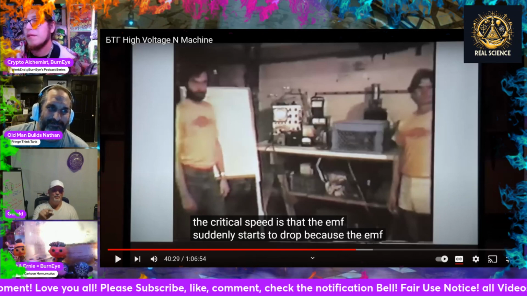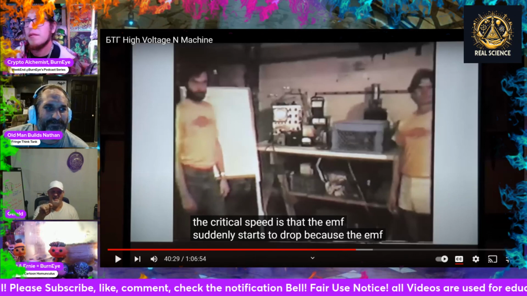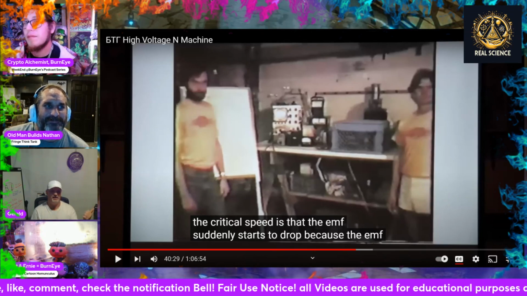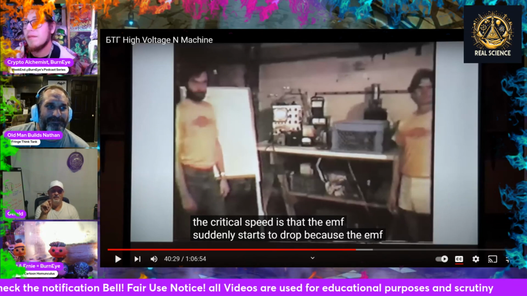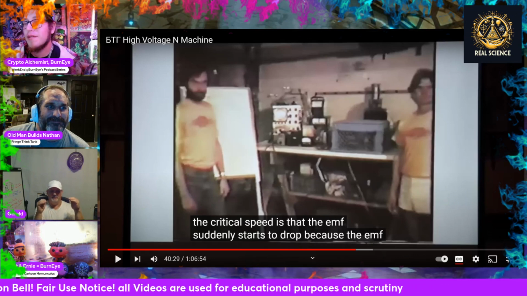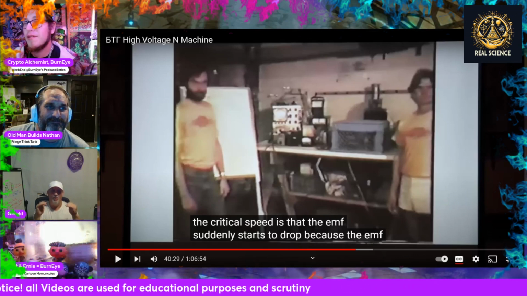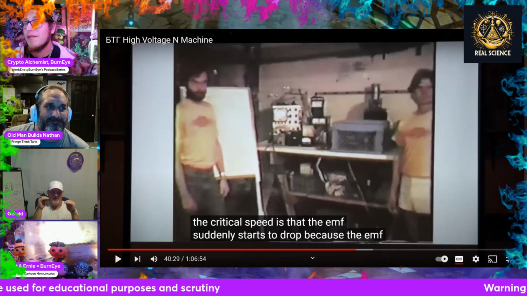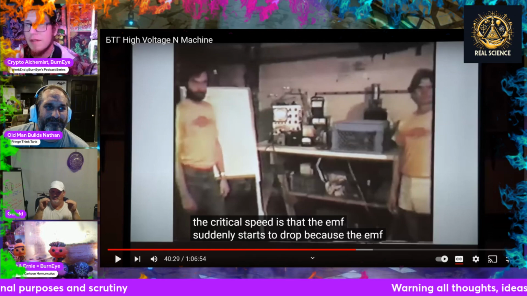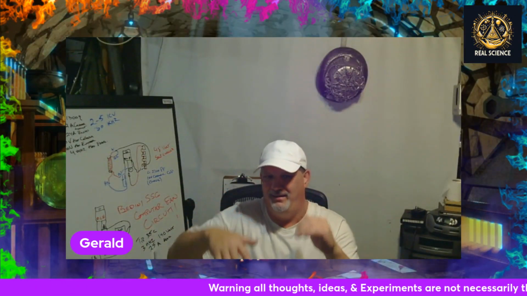In fact, when you put certain voltages in it, and I can prove this now with the meter, my second meter will be here today. You can literally show the superconductivity past a certain voltage and at a certain frequency, and you can change those to show it at a lower or higher rate.